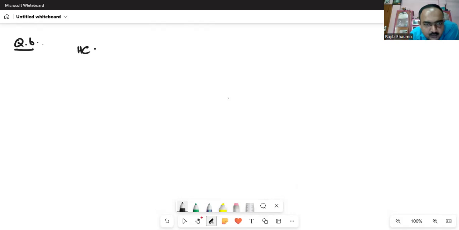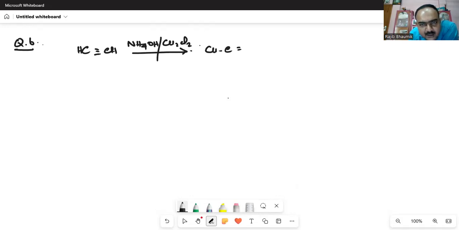Ethyne, that is your acetylene. Ammoniacal cuprous chloride, that is your Fehling solution. Very simple. Two copper atoms will replace the hydrogens. This is known as dicopper acetylide. A red copper precipitate will be produced.